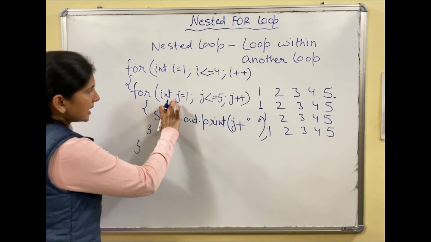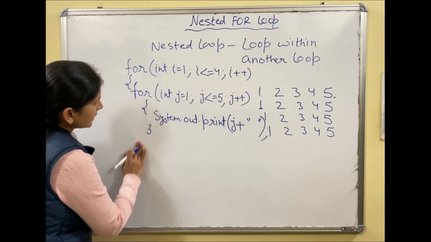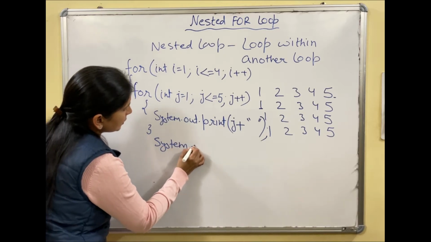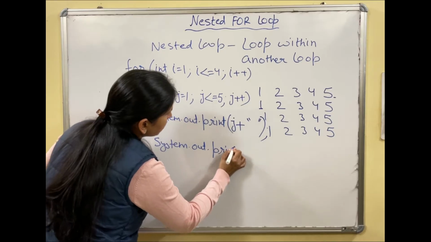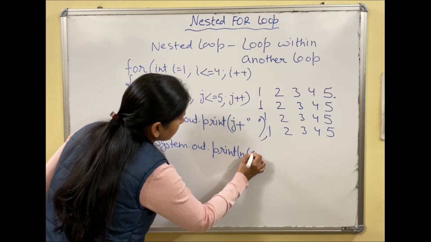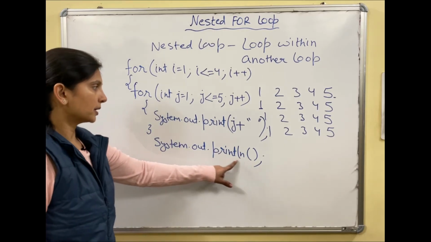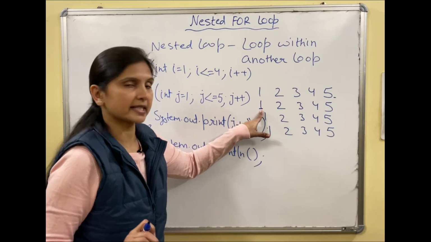Fine. So this is our inner loop, and after the inner loop, I will write System.out.println, and we will keep it blank. The purpose of this is only to bring the cursor to the next line.